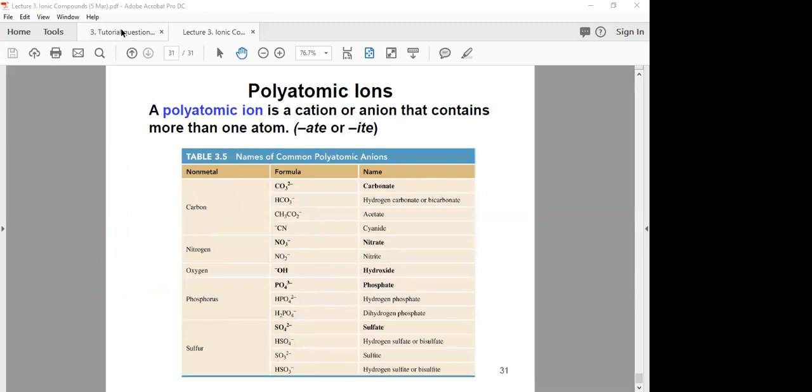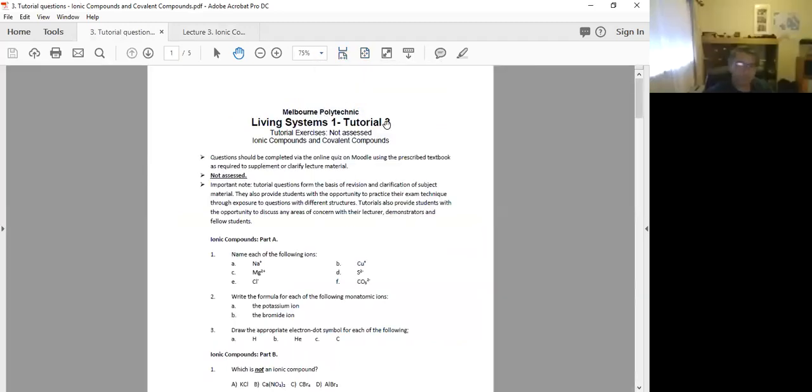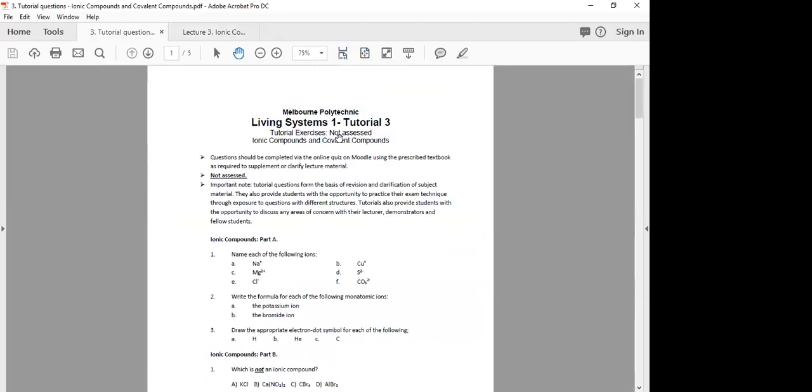But before you go, tutorial questions based on tonight. As you can see, these tutorial questions are not assessed. But having said that, I always say to students, please treat them as being just as important as the assessed tutorial questions, because of course all the subject material will also be tested or examined. So work your way through these.